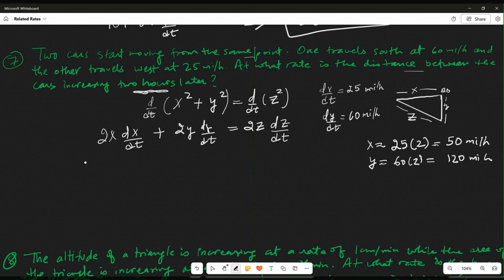Okay, so 2 times 50 times dx over dt, which is 25, plus 2 times y, which is 120, times dy over dt, which is 60.